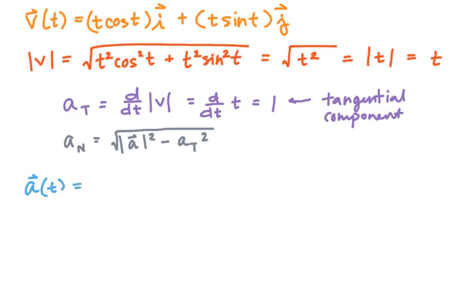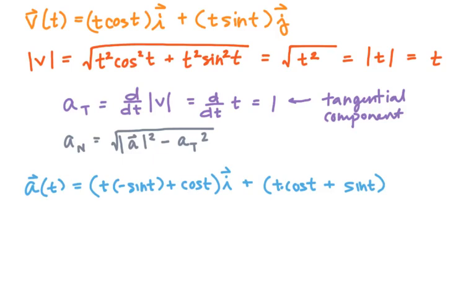So I have t times the derivative of cosine, negative sine t, plus the first, cosine t, times the derivative of t, which is 1, plus t times the derivative of sine, which is cosine t, plus sine t times the derivative of t, which is 1. So there's my acceleration vector.